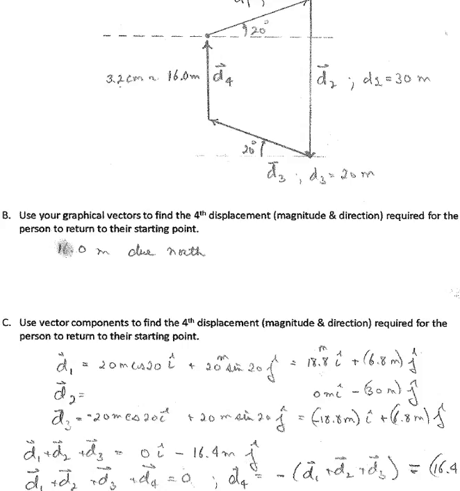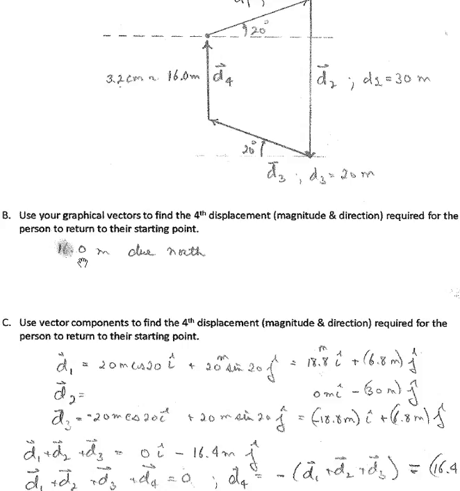And d1 plus d2 plus d3 plus d4 equals 0, because all of these 4 vectors add back to getting the person to the starting point, which equates to 0 displacement. And if you solve this for d4, you get d4 is minus the quantity d1 plus d2 plus d3, which in other words is 16.4 meters j hat.